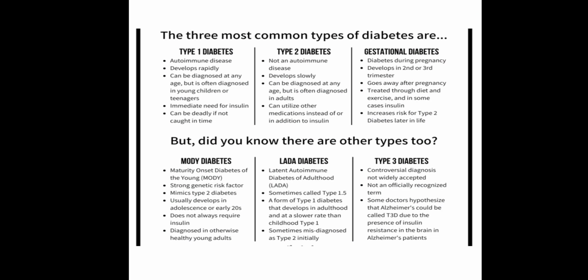Next is gestational diabetes. Gestational means pregnancy time actually. This type develops in some people during pregnancy. Gestational diabetes usually goes away after pregnancy. However, if you have gestational diabetes, you are at higher risk of developing type 2 diabetes later in life. Another type of diabetes is type 3C diabetes.